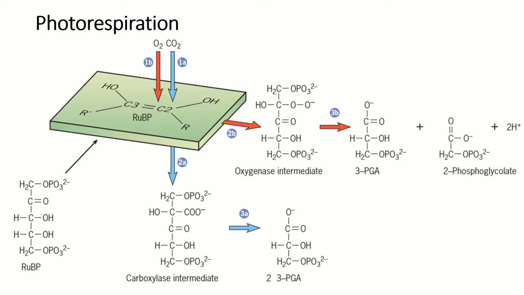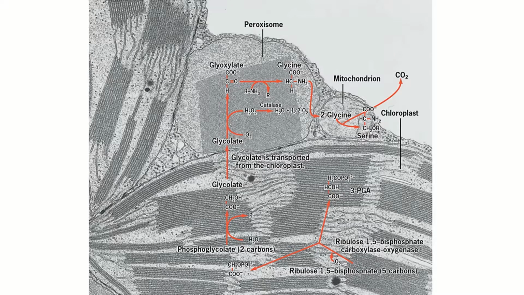And then there's phosphoglycolate, as we see here, and 2 hydrogen ions. And these 2 are waste products. They are literally useless. And for the plant to get rid of them, they have to pass through a different pathway, as we see here.